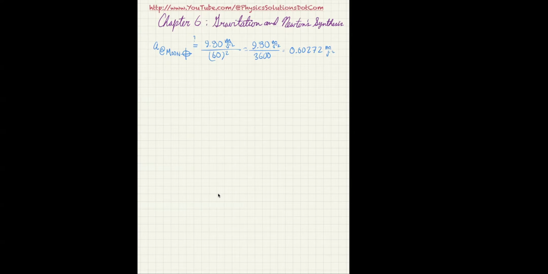Well, what is that acceleration? Well, a moon is equal to, we just learned, v squared over r. Well, what is v and what is r? Well, v is the velocity that the moon has, and we know that's going to be 2 pi r over the period, and then all that's going to be divided by r as well.